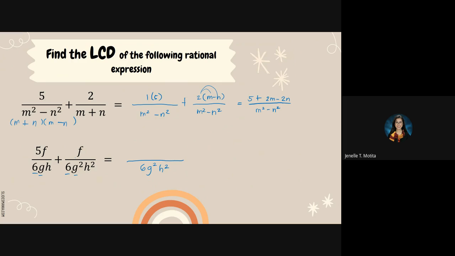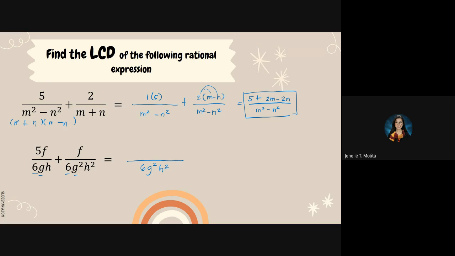Yes, this is the final answer already, since they don't have any common factor, they are relatively prime to each other. And you can't simplify this or cancel out terms simply because this one is a trinomial, this one is a binomial.